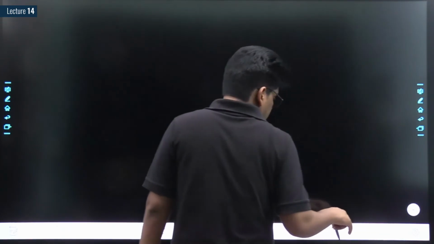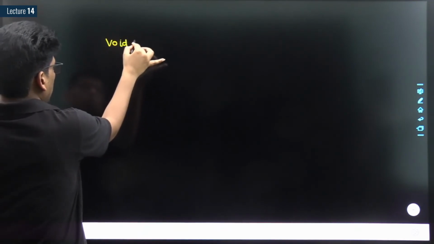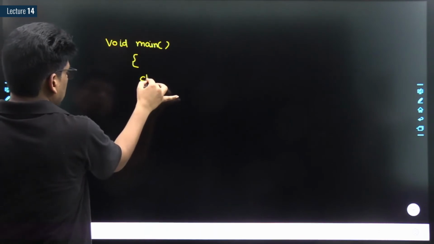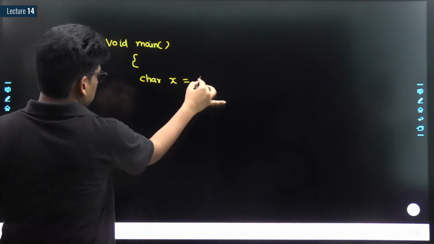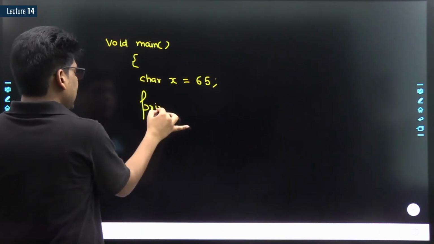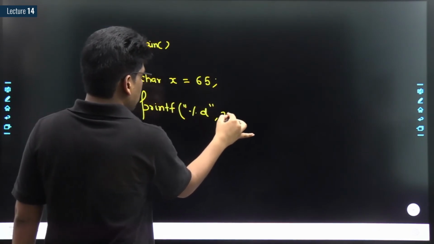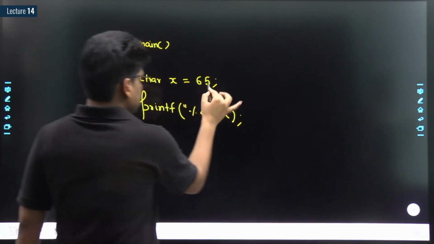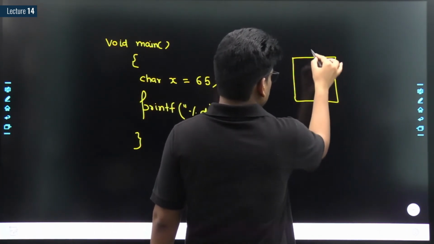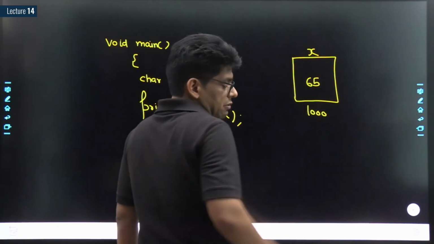But on the other hand, if you do something like this, void main, char x is equal to 65, printf %d comma x. Sir, with this line, what will happen? Some variable x is created at some address and the value 65 is stored inside it.